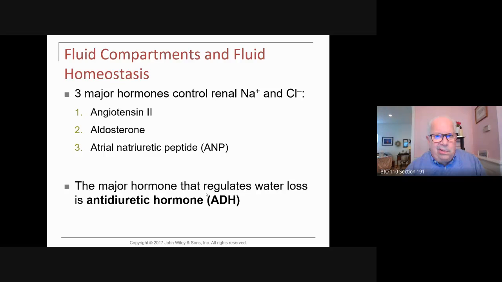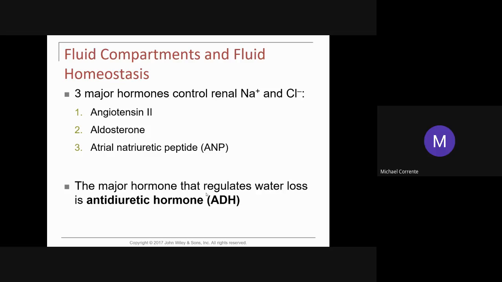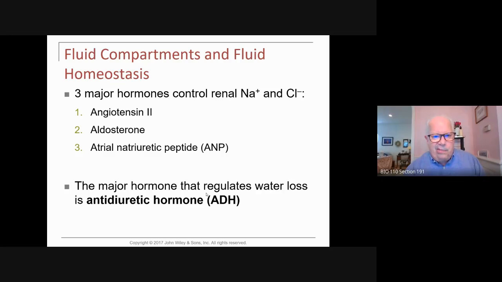These juxtaglomerular cells produce the enzyme hormone renin. Renin is now in your bloodstream. When it flows in your bloodstream, it attacks angiotensinogen, a protein produced by the liver.